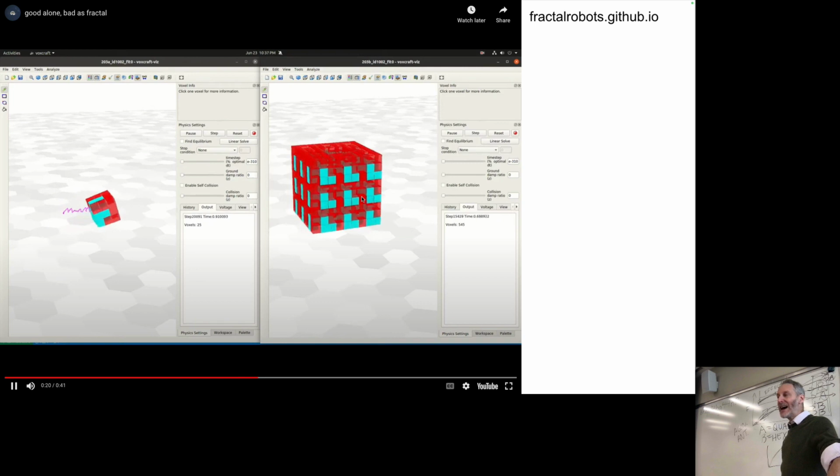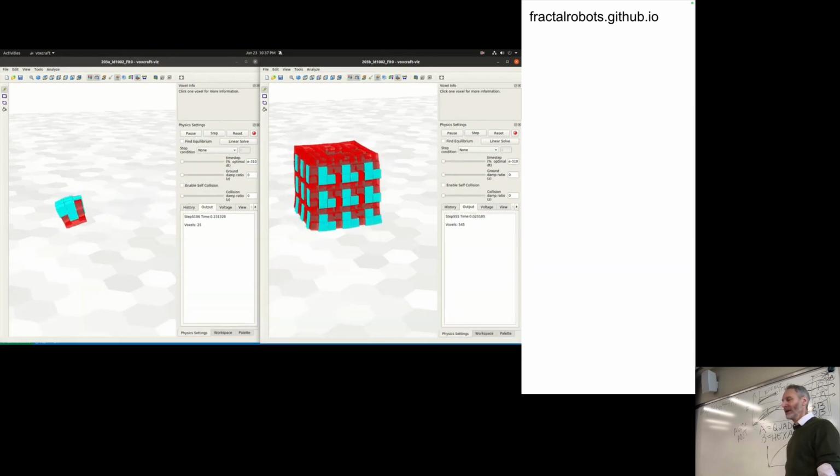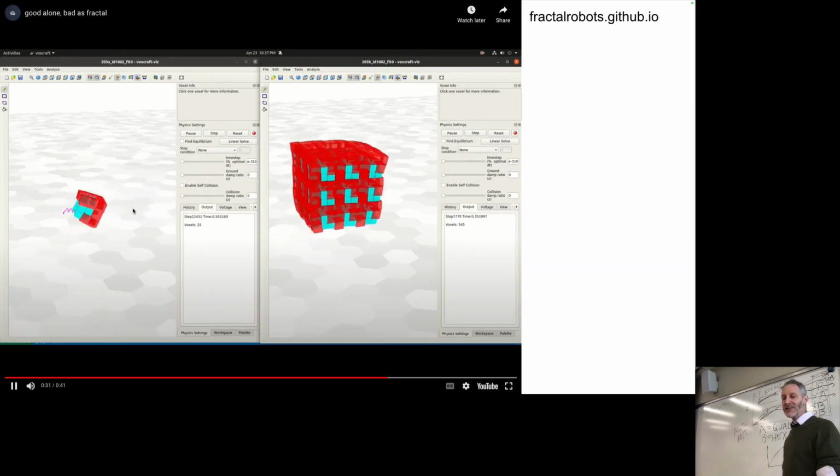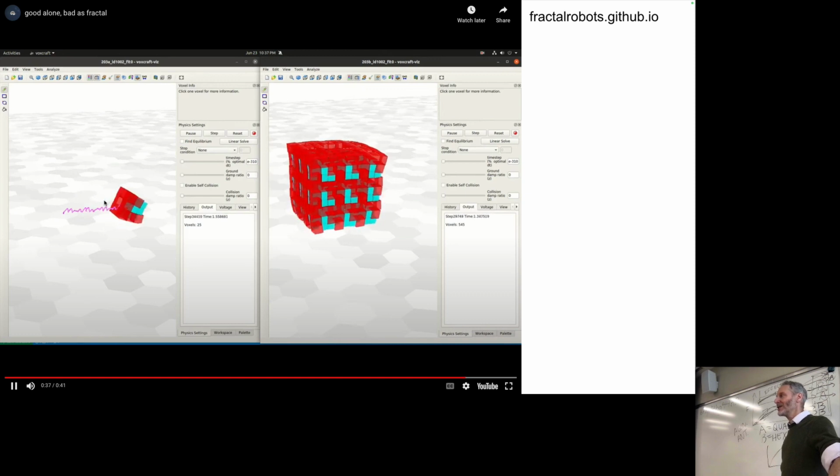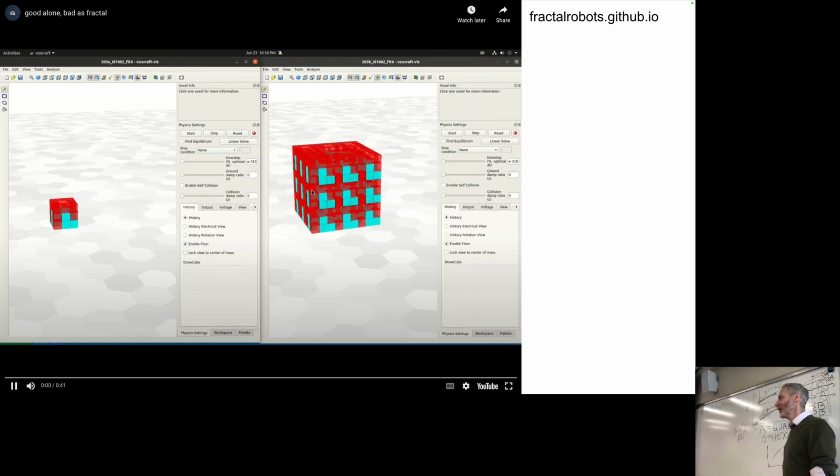And how well does that fractal version of this robot do at exactly the same task, which is move from left to right? In this case, you can see that this particular CPPN doesn't do a very good job. It discovers a robot that does well on its own, but when it's fractally composed, it does not do very well.